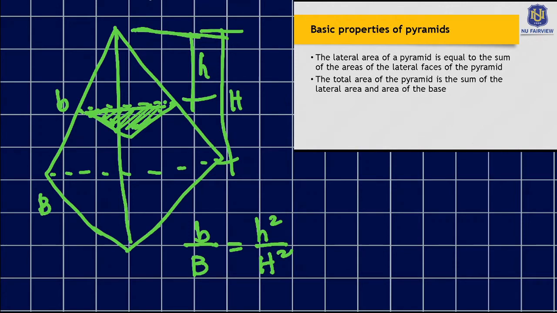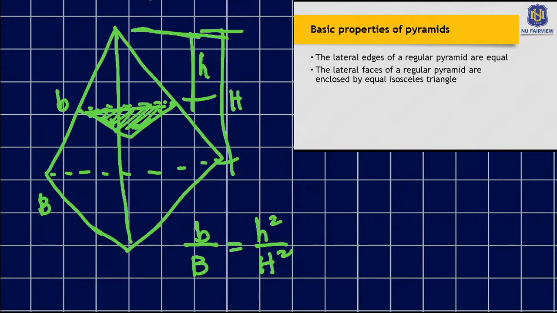Next property of our pyramid is that our lateral area is equal to the sum of the lateral areas of the lateral faces of the pyramid. So, it is just like the usual definition. And the total area is the sum of the lateral area and the area of the base. So, take note that in the total area of our pyramid, we only have one base to use, because it does not have two bases, just one. Because the other one is the apex.